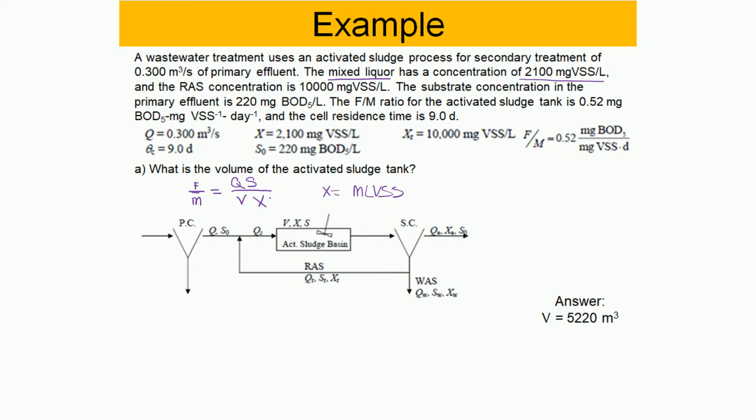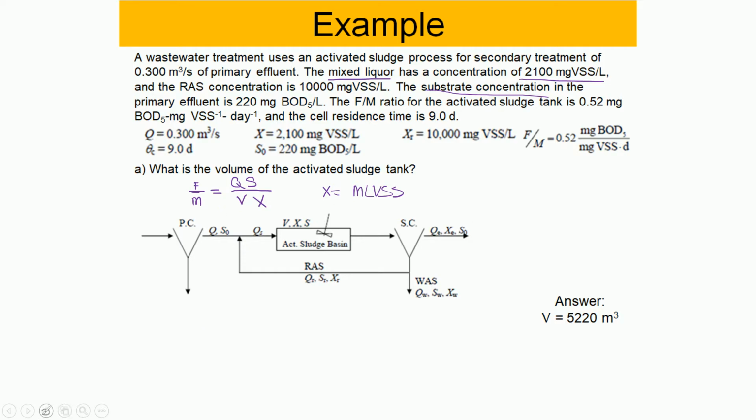And Q is the inflow, the flow rate, and that's given to us right here: 0.3 cubic meters per second. S is our substrate concentration. That's also given to us right here, 220. If they don't give it to you in this order, you've got to know what it's called. V is what we're trying to solve for, and F/M is given to us as well.